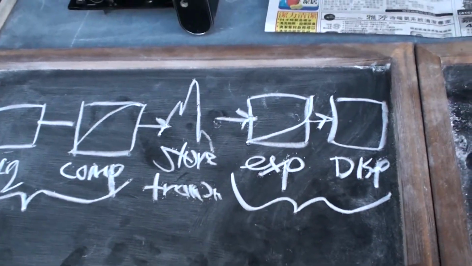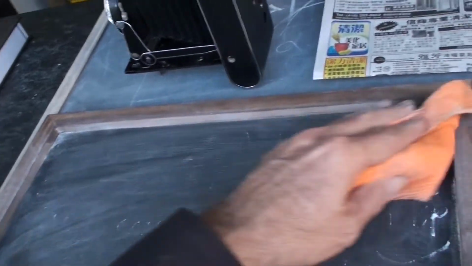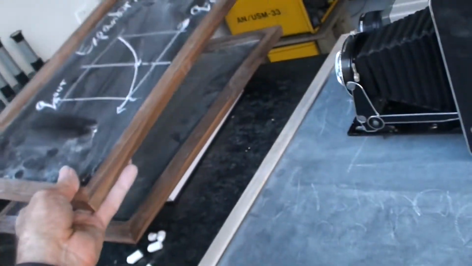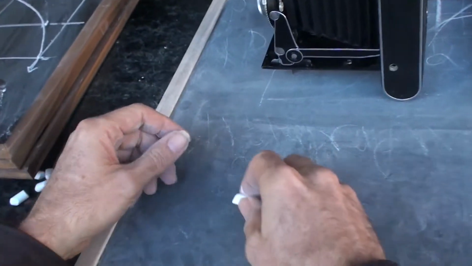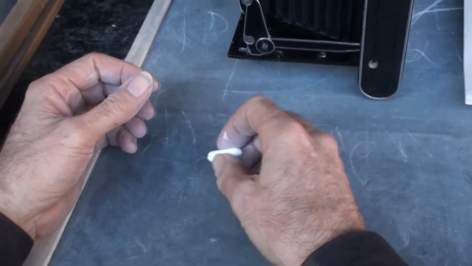So now we can look at how we can really utilize that. If we want to process images, we can undo this effect.